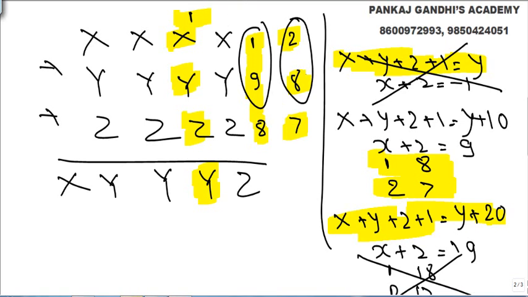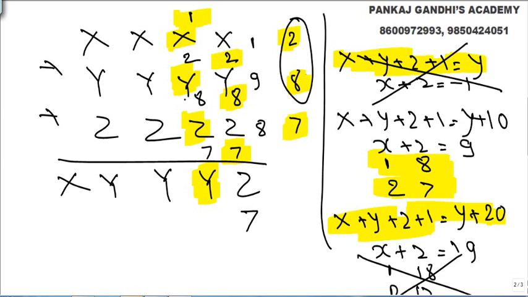Now if I use the 287 combination, where this is 2, this is 8, this is 7: 2 and 8 is 10 and 7 is 17, I get 7 here, carry forward 1.